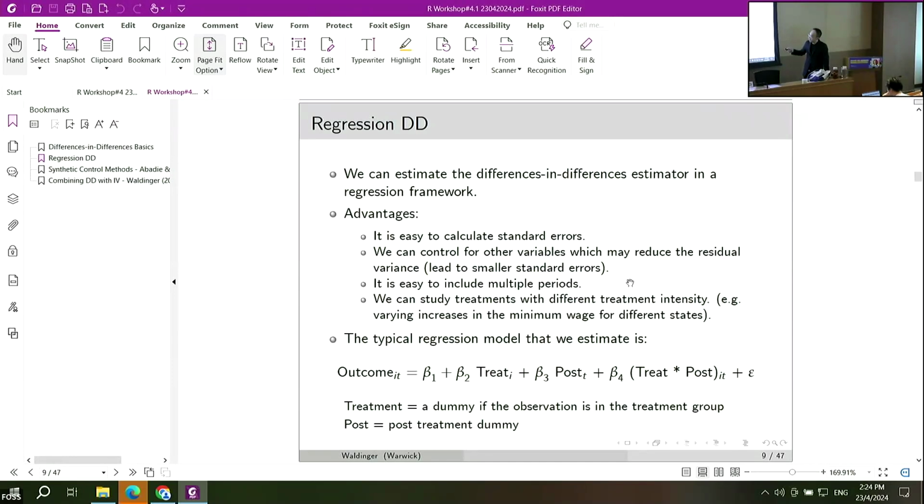You can include multiple periods. You can look at treatments with different treatment intensity. You can calculate the standard errors very easily because the software does so for you. You can control other variables too if you need to reduce the residual variance. But again, that's a judgment call you have to make.